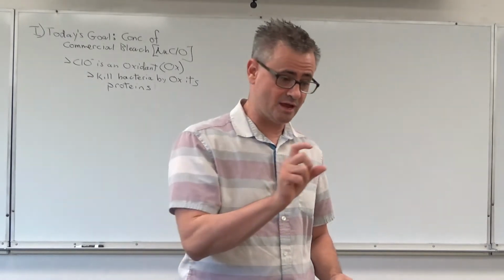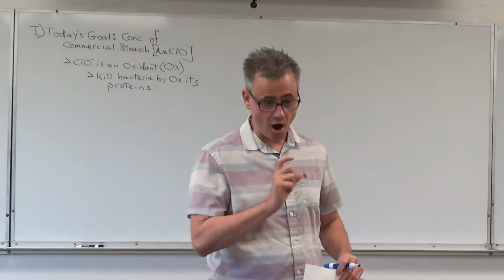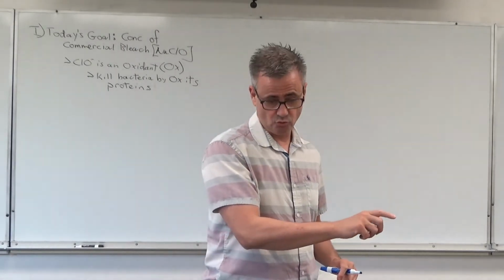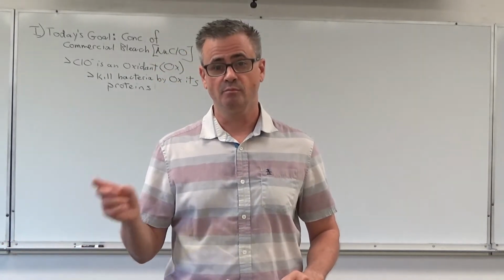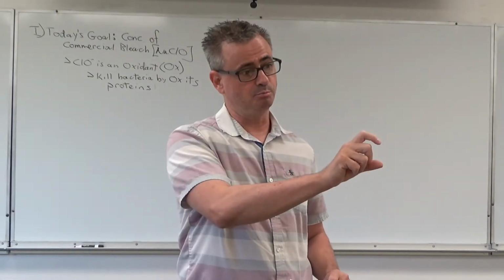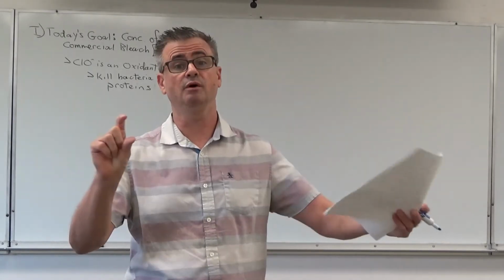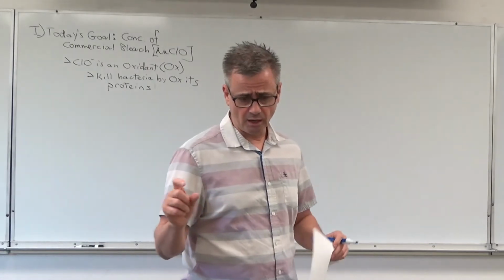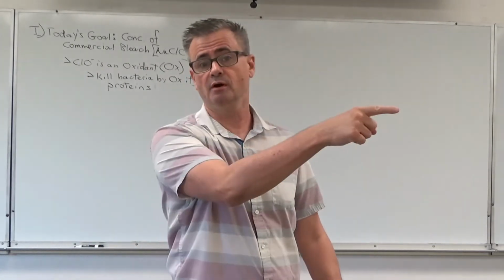And then what we do is we actually take the I3, which is the oxidized version of I minus, and we're going to reduce it back to I minus. But if we do that carefully, we'll have however much bleach we started with, that's how much I3 we get. It's a one-to-one reaction, as you'll see in just a second. And so if we can figure out how much I3 we have, then we'll know how much bleach we have.